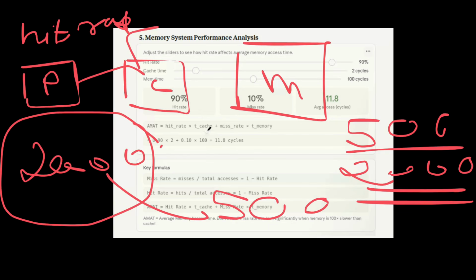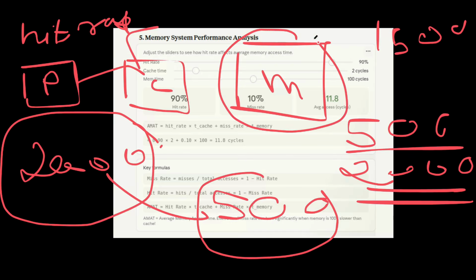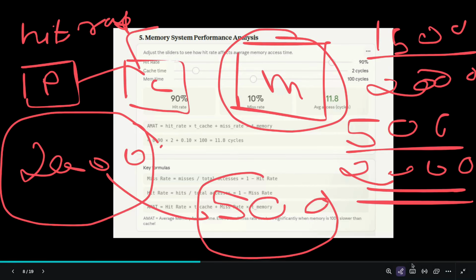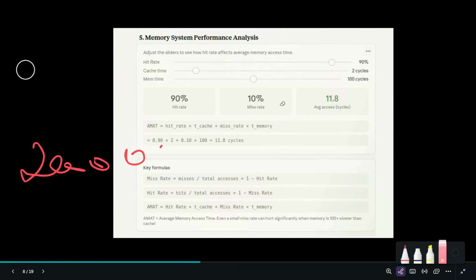Now miss rate is what? 1500 data is missed and has to be taken from my main memory. So that means miss rate is 1500 divided by 2000. This is how you are going to calculate the hit rate and miss rate.